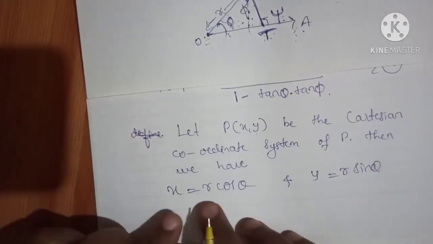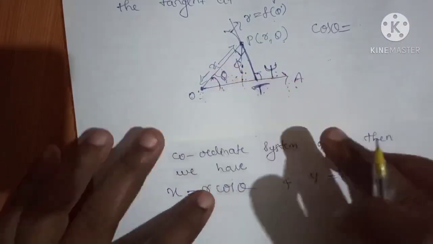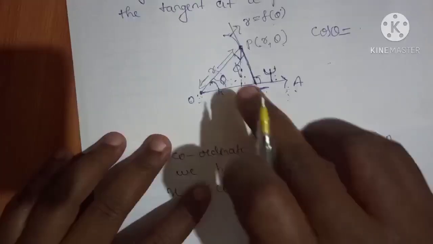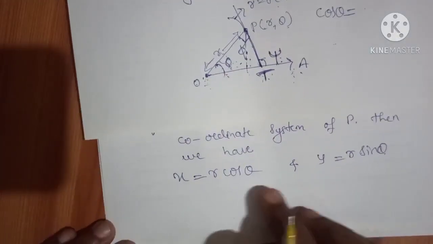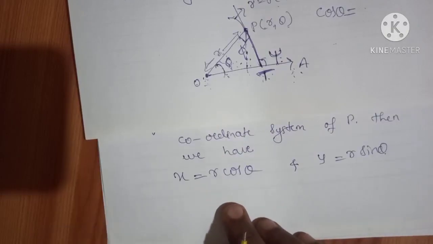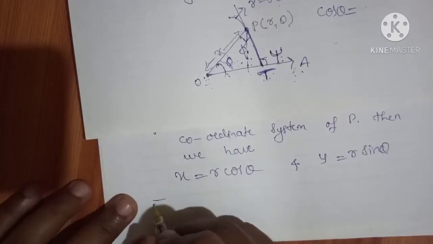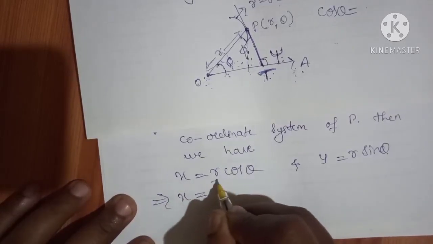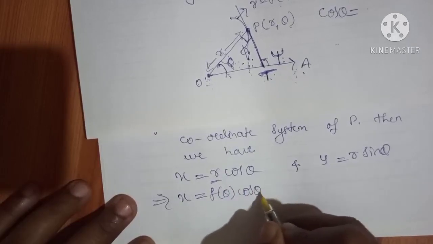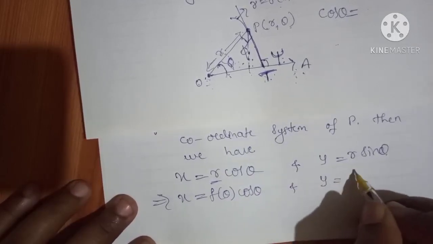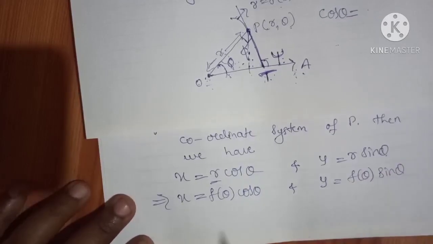So cos theta equals x by r and sin theta equals y by r. From these two, we can write x equals r, which is f of theta, into cos theta, and y equals f of theta sin theta.